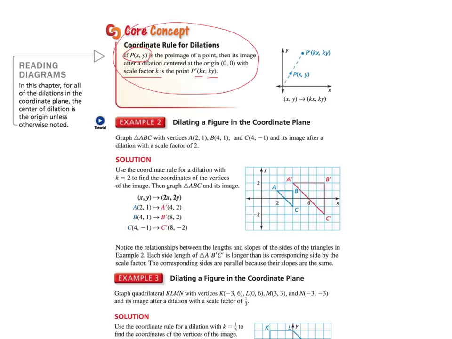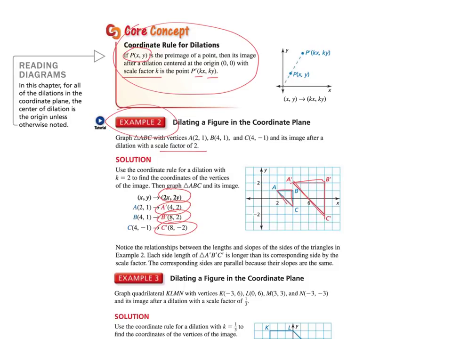Let's see how this works out in an example. Once again, a concrete example. Graph triangle ABC with vertices, and its image after a dilation with scale factor 2. So all you're doing is multiplying every value for x and y by 2. And that's what we have here. What that does is it enlarges the figure. This is what we originally started with, and here's our new figure.